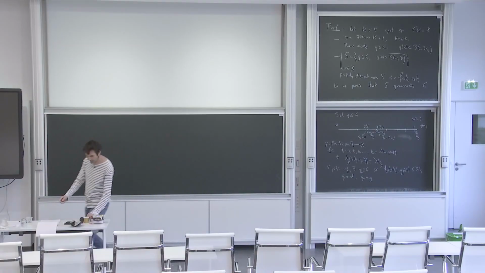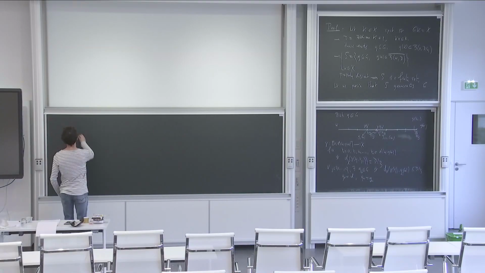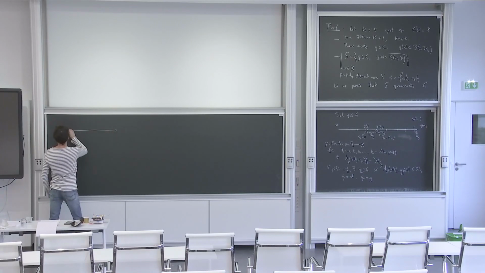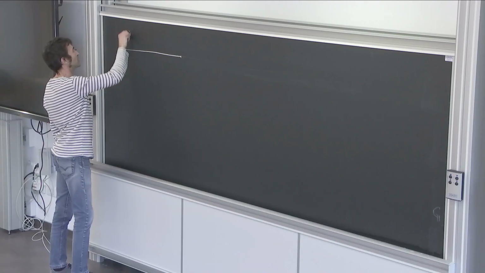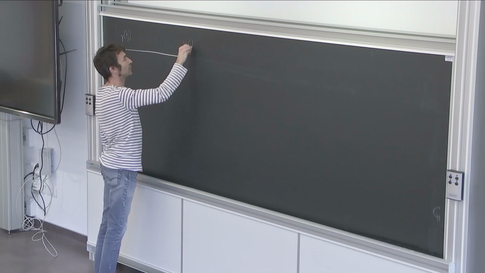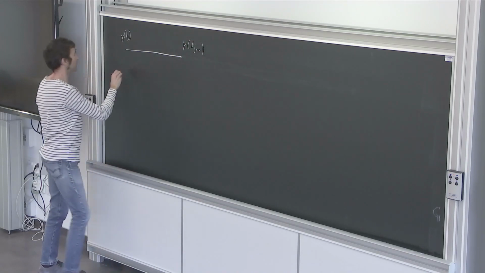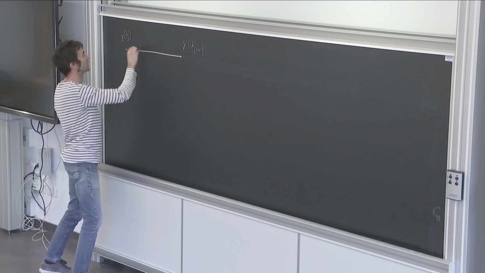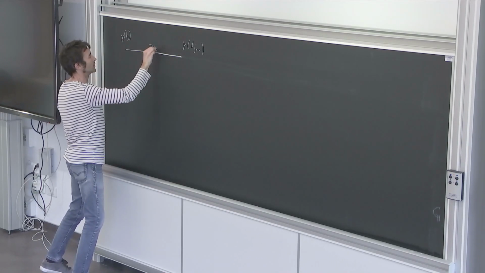So I will make the drawing a little bigger. Here I have gamma of Tj. Here I have gamma of Tj plus 1. So this distance is d over 3.